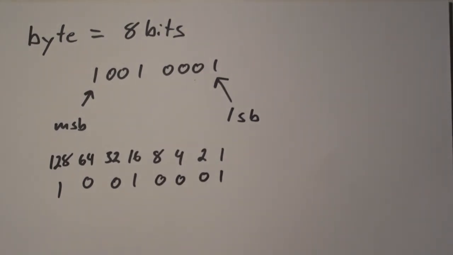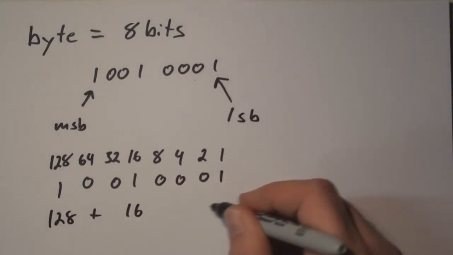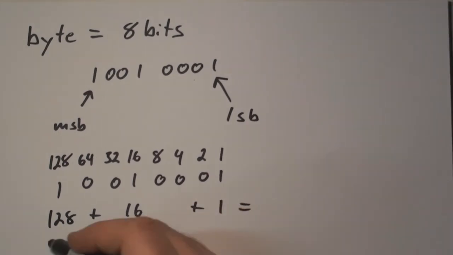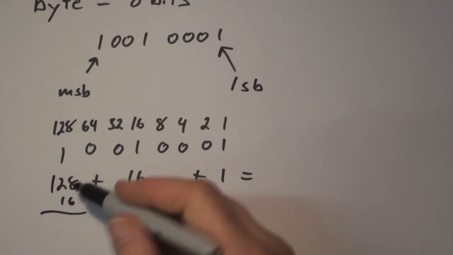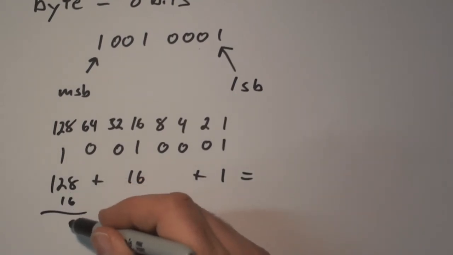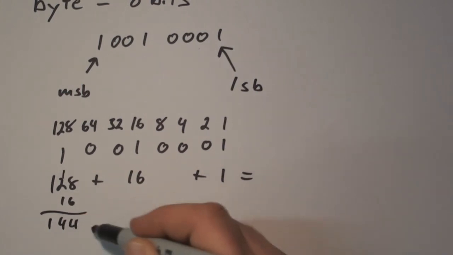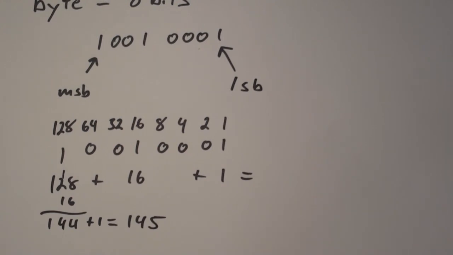So 1 times 128 is 128. And 0 times anything is 0. So 16 times 1 is 16. And 1 times 1 is 1. 128 plus 16 is 144, plus 1 is 145. So 1001 0001 in binary is equal to 145 base 10.